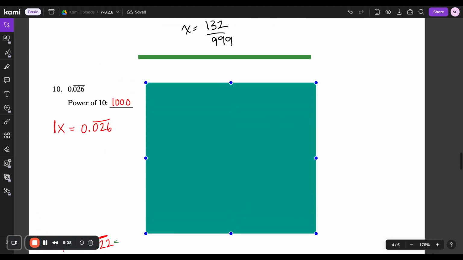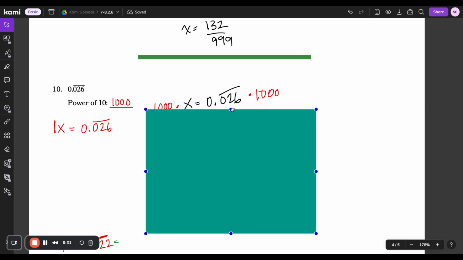And for the last one, number 10, this is 26. Even though it's 26, it's not 26 hundredths, it's 26 thousandths because we have 3 decimal places. So our power of 10 for this one is still going to be out of 1,000. And our 1x is going to be equal to the 26 thousandths repeating. Since it's out of 1,000, we are going to multiply by 1,000 on both sides.